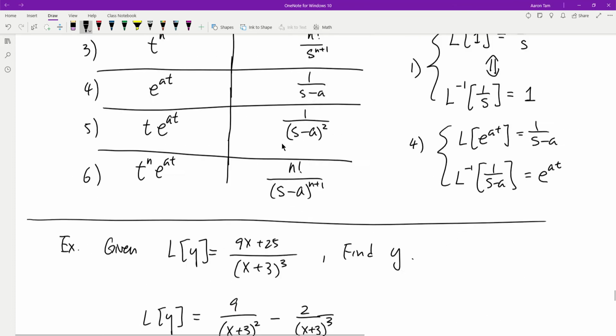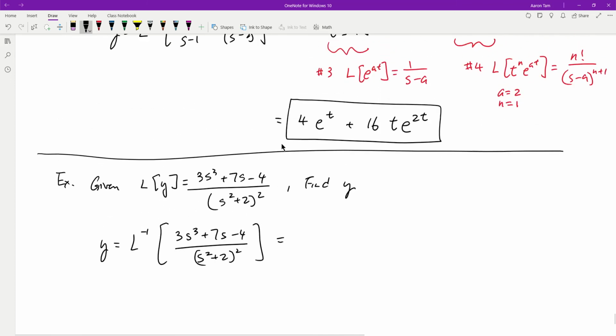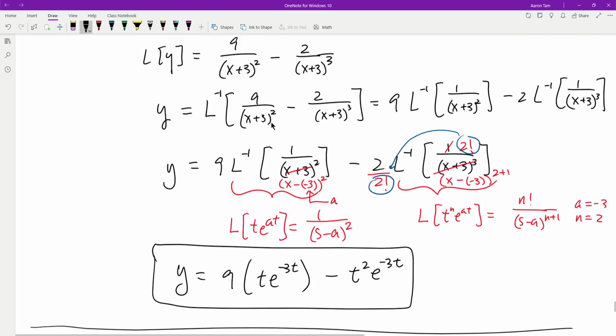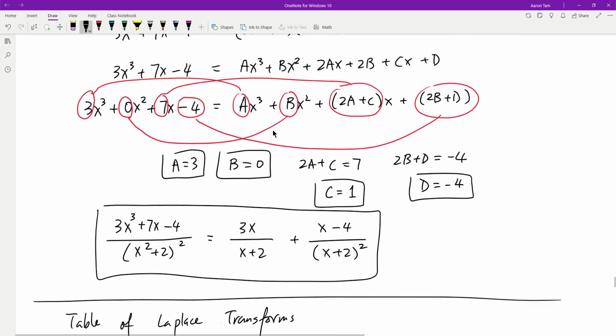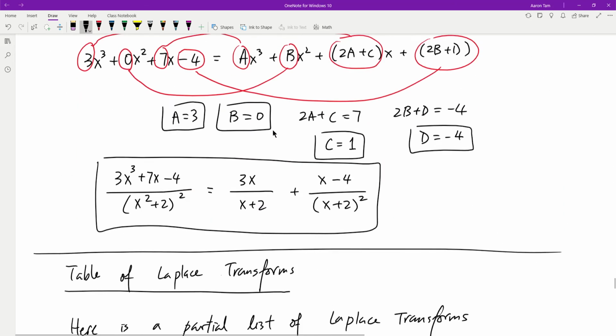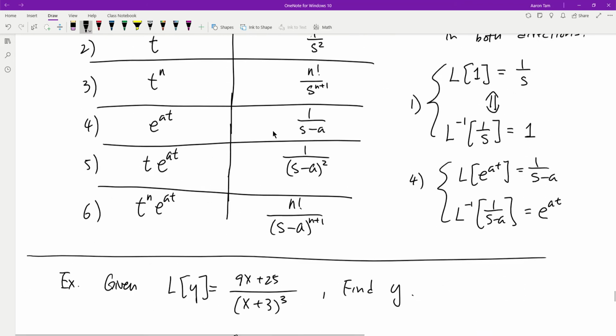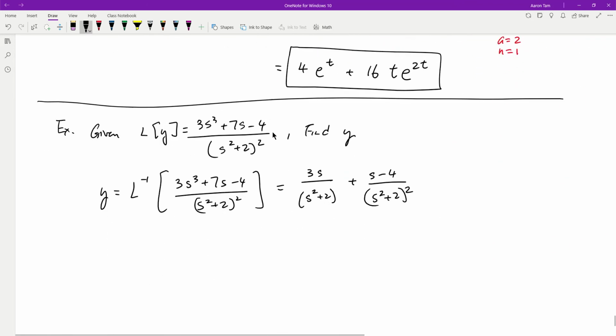So that would be 3s over s squared plus 2 plus s minus 4 over s squared plus 2 squared, I think. Let me just double check. Okay, yes, I think I got it. Therefore, it just becomes the Laplace inverse of these two fractions.